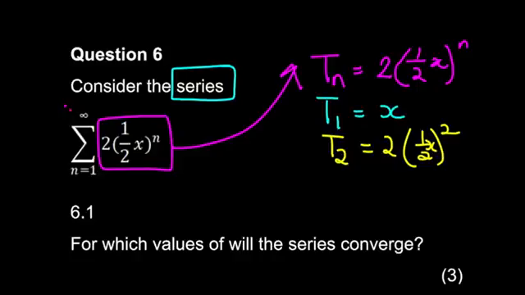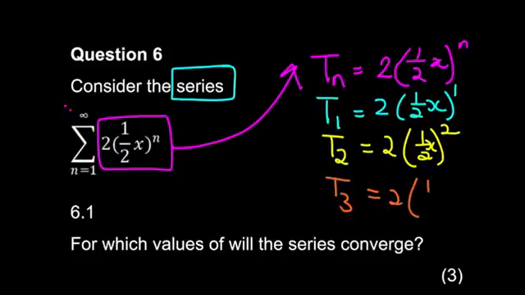I'm not even going to expand it, just so that you can see the pattern. Over here, I'm also not going to expand it, just so that it's more visible to us what is actually happening. So this is a half x to the 1. Okay, and then we have T3 is 2 times a half x cubed.